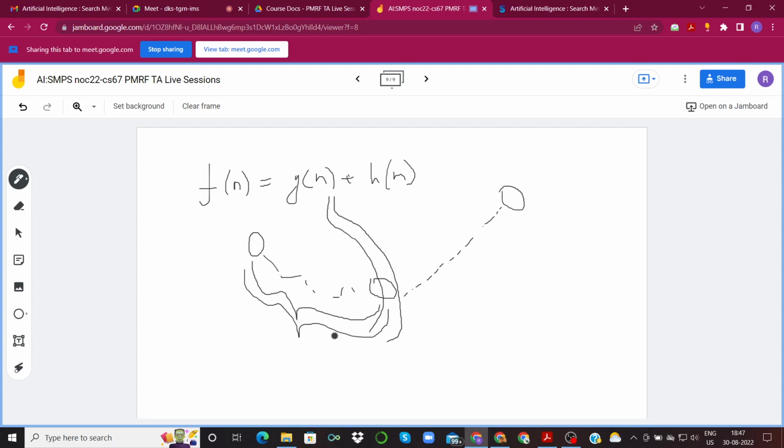These would be your 2 components. This would be your actual cost till the particular partial node that you had refined, and this would be the cost from that intermediate node to the goal node, this estimated path h(n), like you used to do in best first search, if you remember. Understood. Very clear, sir.